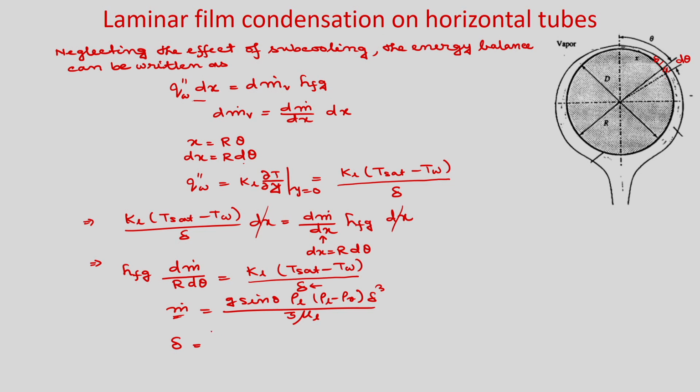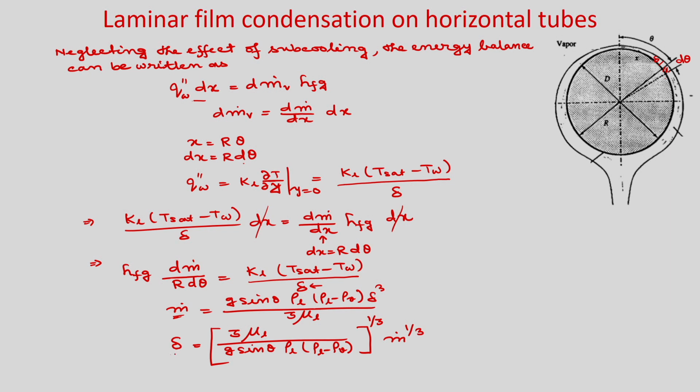So delta will be just 3 mu L divided by g sin theta rho L into (rho L minus rho v), to the power 1 by 3, because delta cube was there, and m dot to the power 1 by 3.